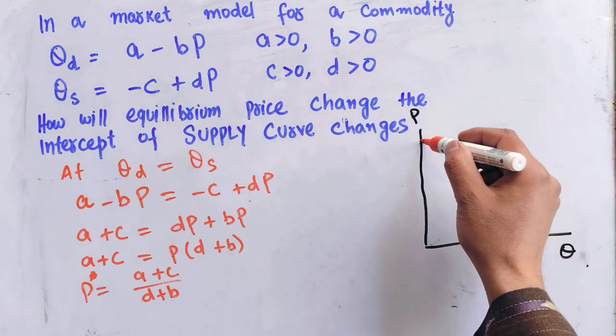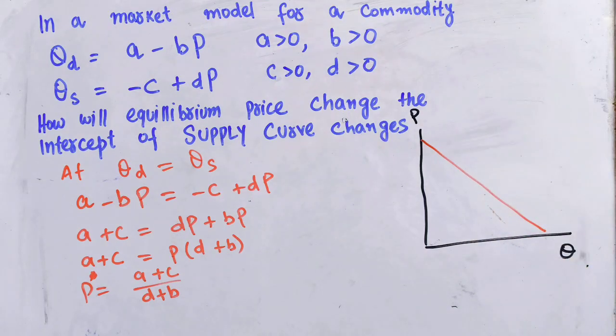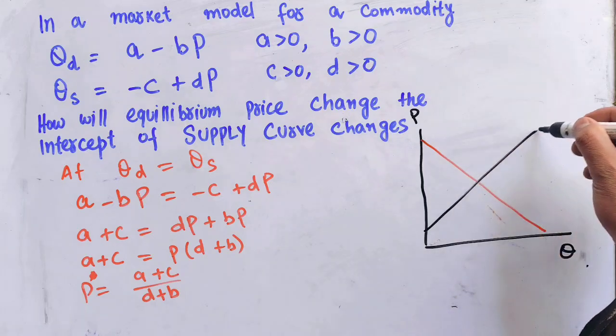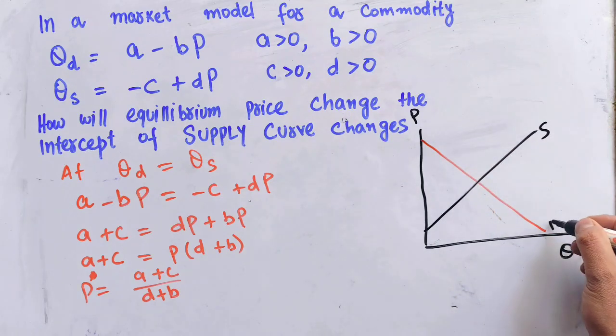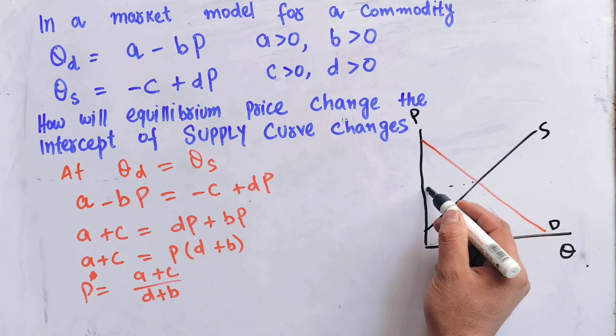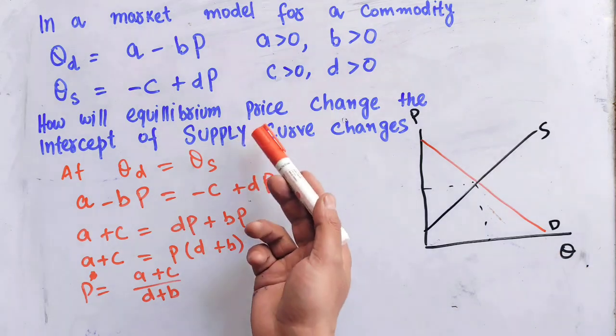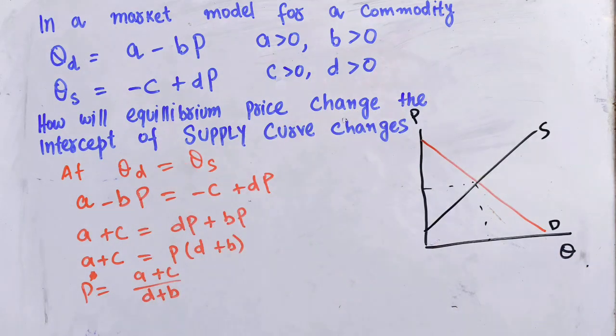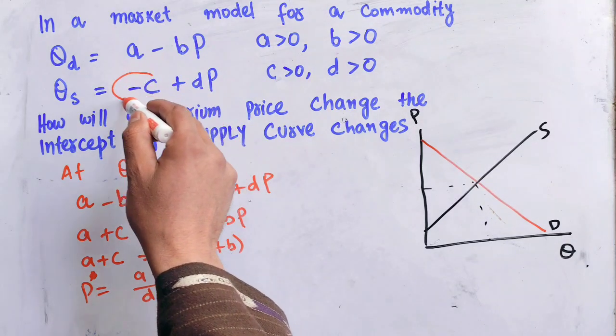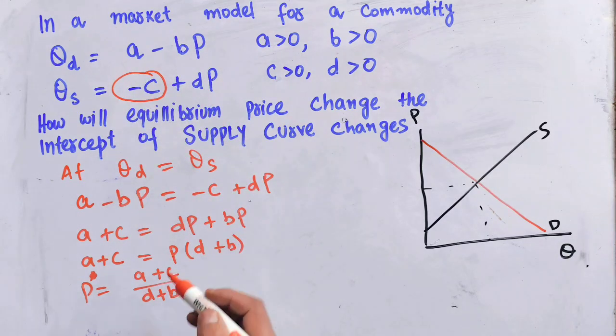This is our supply function, this is our demand function, and equilibrium occurs at this point. But we need to find out how the equilibrium price changes when the intercept of the supply curve changes. What is the intercept of the supply curve? C denotes the intercept of the supply curve.